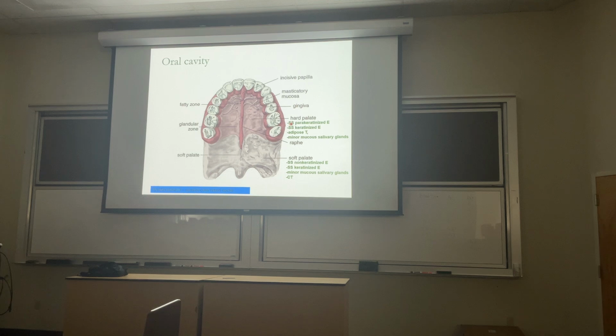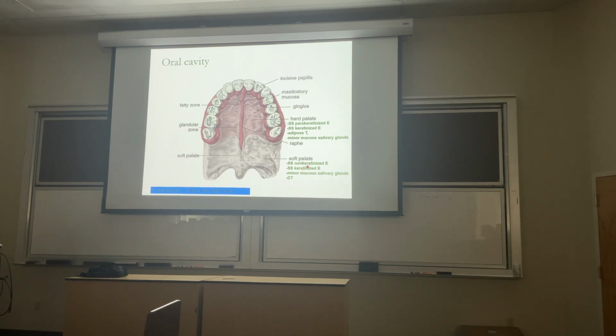So this is stratified squamous, parakeratinized. Sometimes it can be either parakeratinized or keratinized. And so we'll see some of that there. When we get to the soft palate, again, it's generally either keratinized, stratified squamous, or non-keratinized. It's generally not parakeratinized in the soft palate.